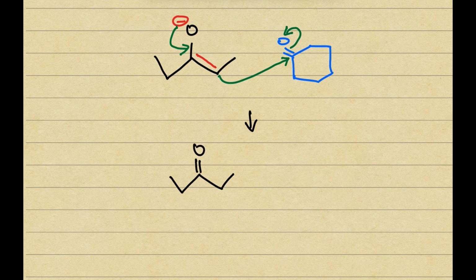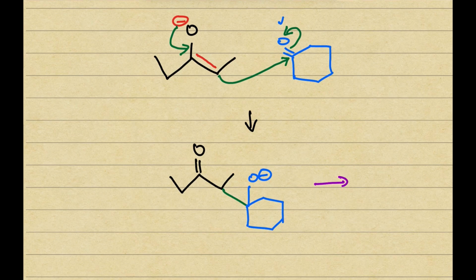But now you have that new bond, and this one here becomes O-, so that will be the intermediate, an alkoxide type intermediate.